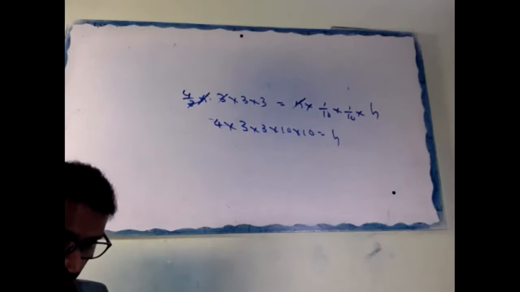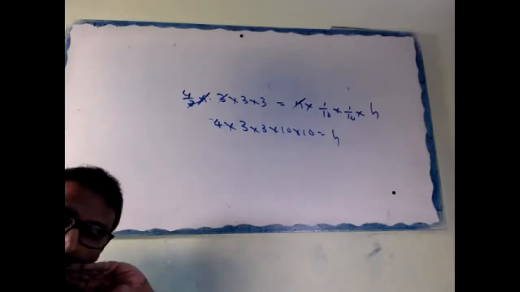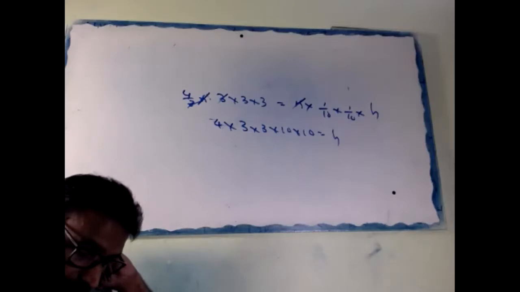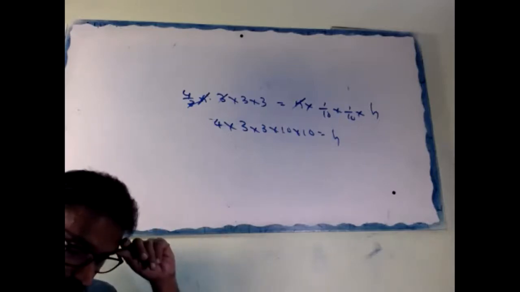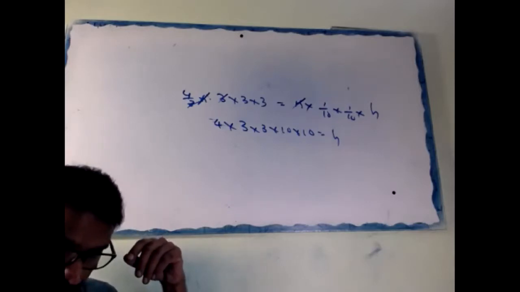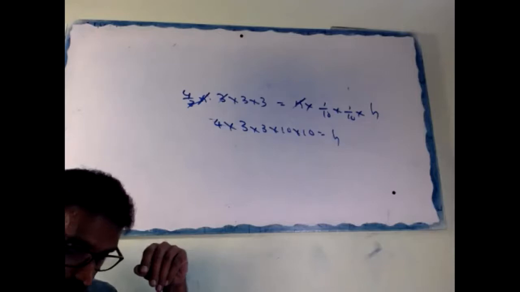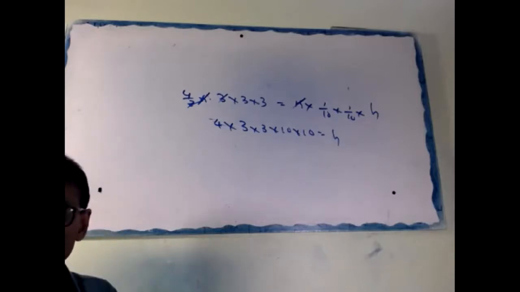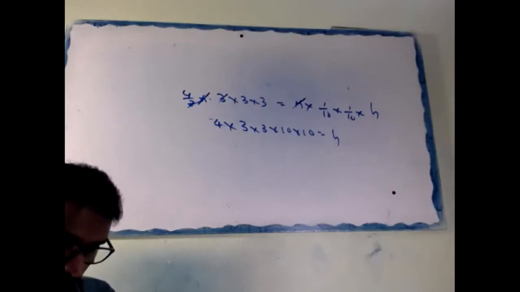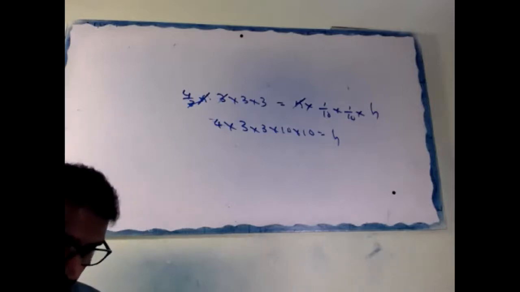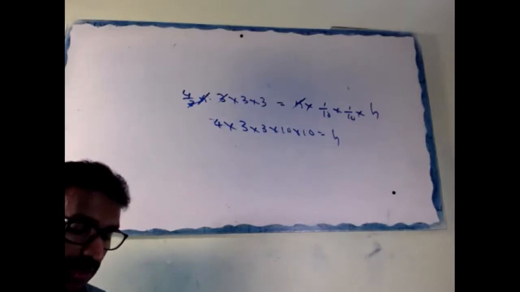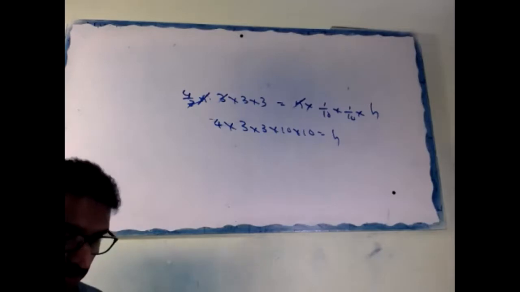The length of the wire is 36 meter. Find the radius.